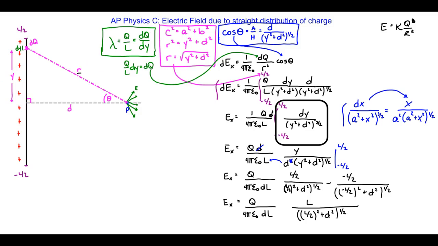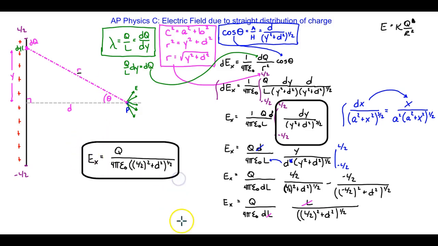And now you can see that this L and this L cancel each other out. My final expression then becomes E to the x is equal to q over 4 pi epsilon naught times L over 2 squared plus d squared all to the 1/2. And that is our finishing point. That is how we define the electric field due to a linear distribution of charge.